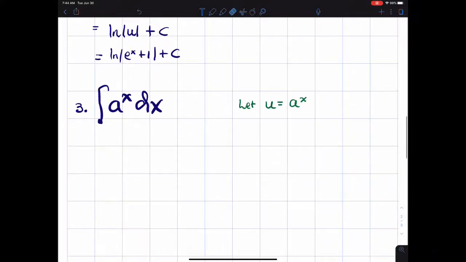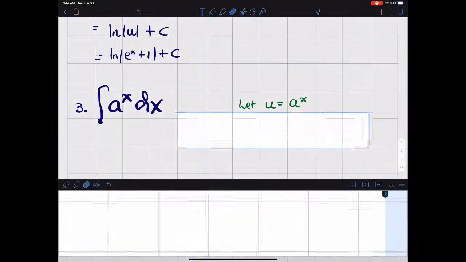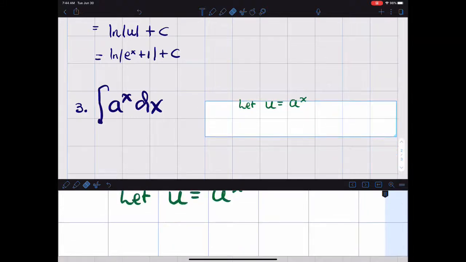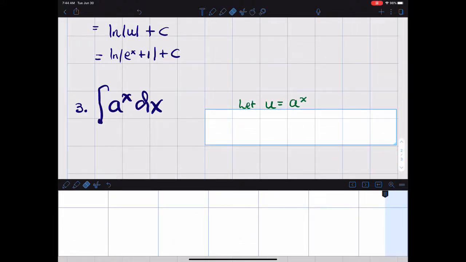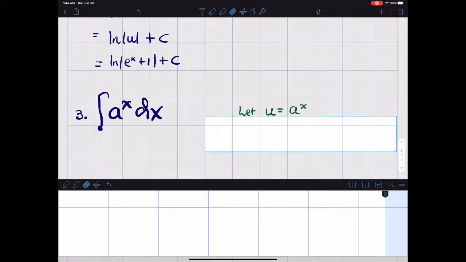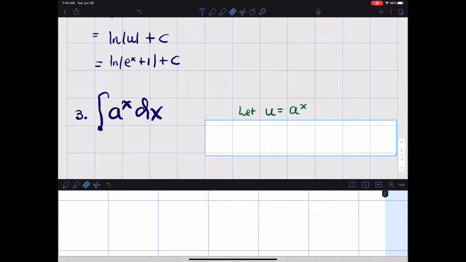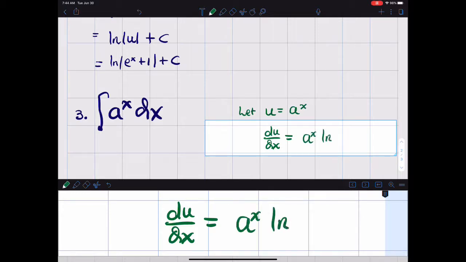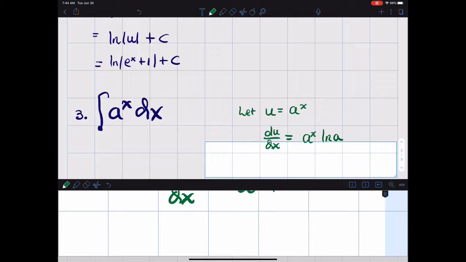We're going to take the derivative of u, which is du dx, which is a to the x natural log of a. I don't want to mess it up again.